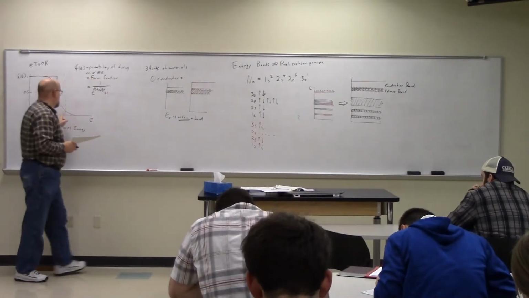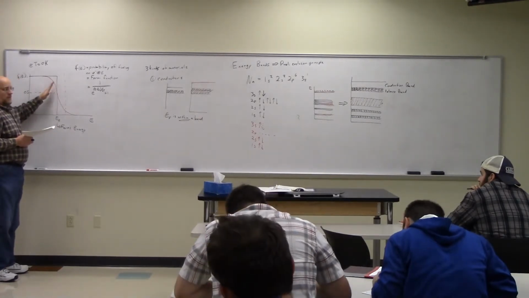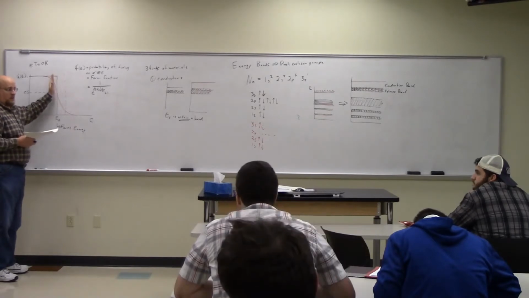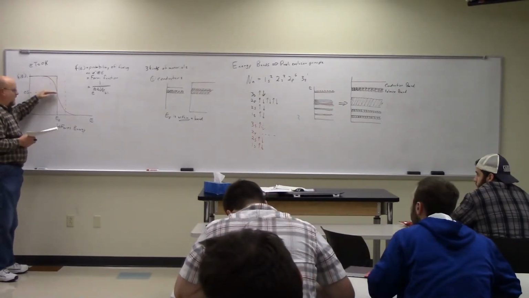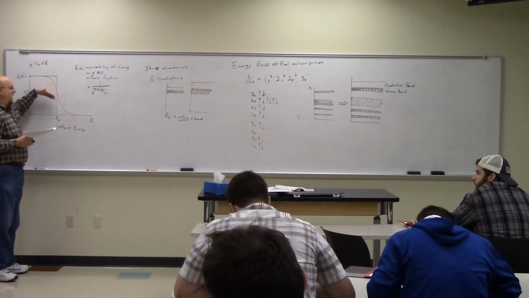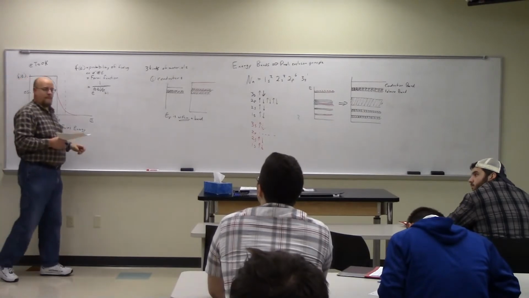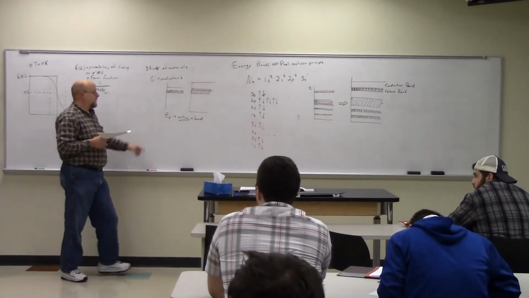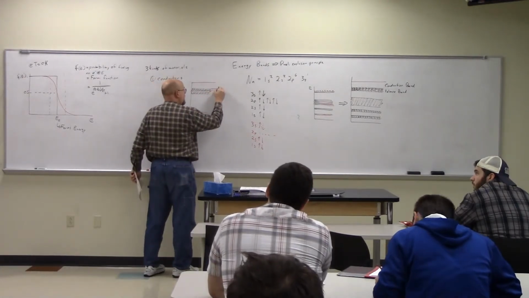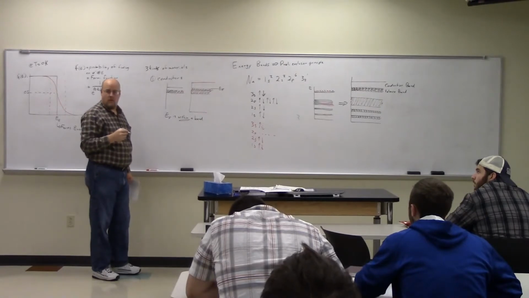EF is this point, the energy at which you go from 100% probability to 0% probability at T equals 0 Kelvin, or at which the probability is 50% at some temperature above 0 Kelvin. So in this case, EF would be right here, in the middle of the 3p band.